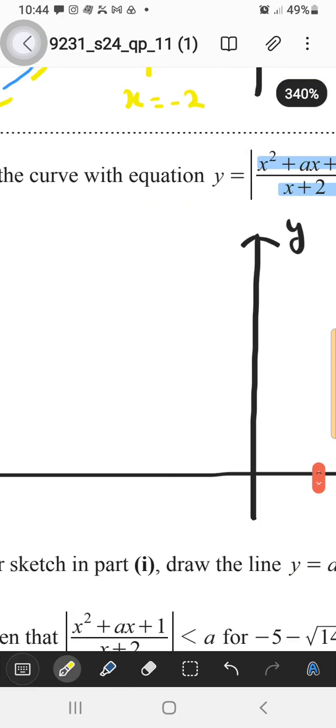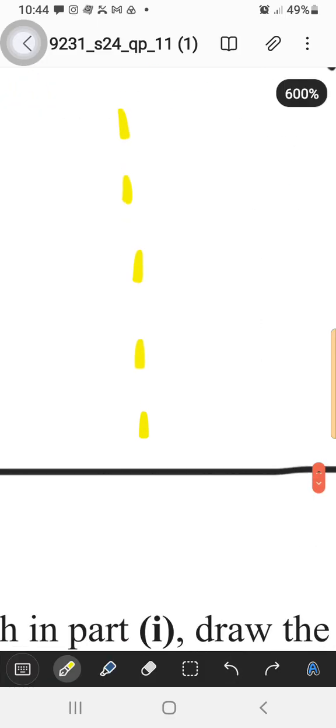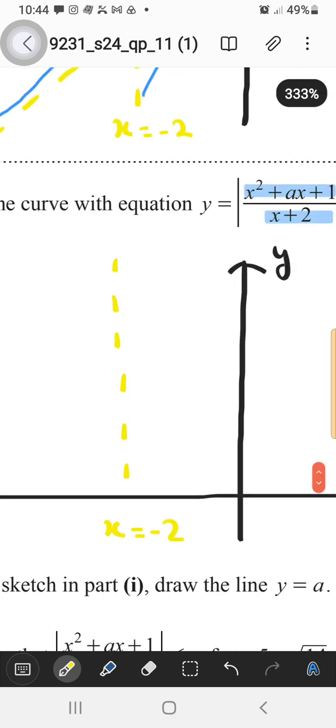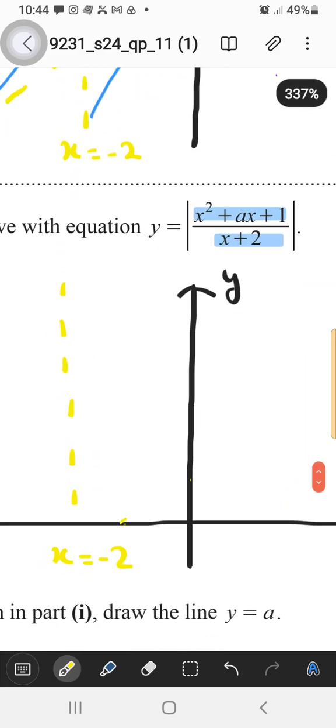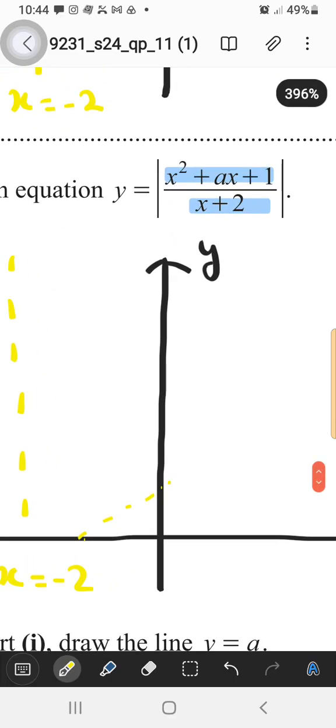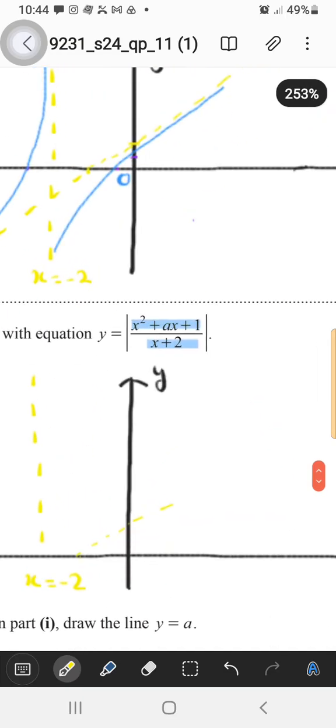There is x equal to -2, and then we have our second asymptote. We don't need a precise graph.